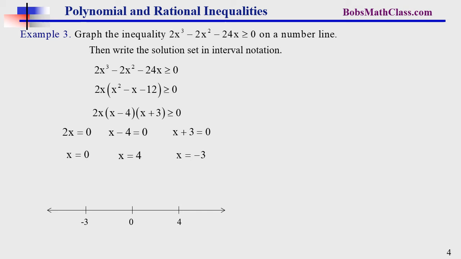So to the left of -3, in between -3 and 0, and you could pick different numbers than I do. It doesn't really matter, as long as it's a number within that region. So here are the numbers I'm going to choose: -5, -1, 2, and +5.